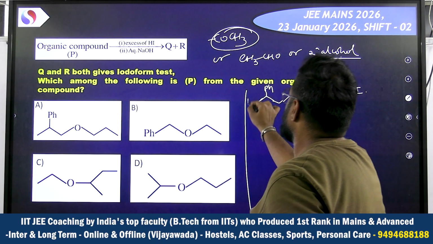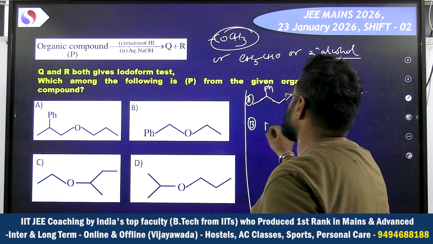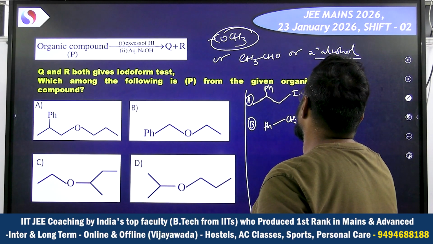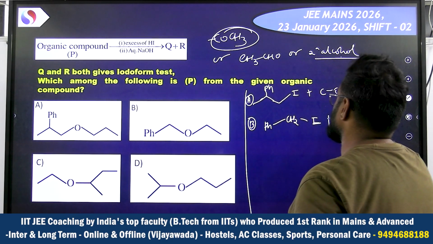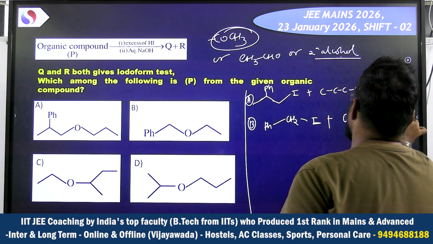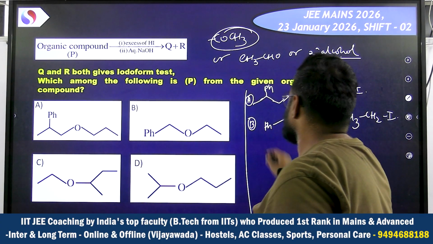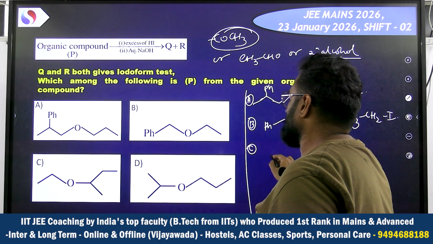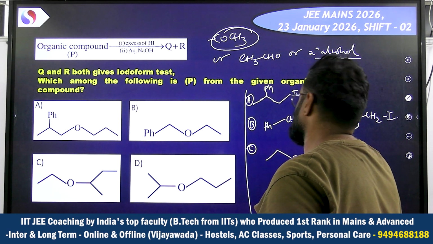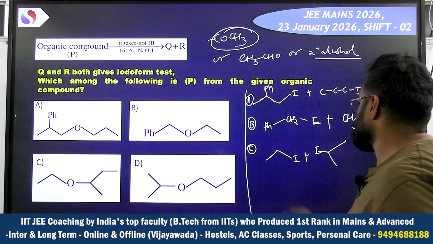Second, if you see the second option, it is pH CH2I plus CH3 CH2I. This is the second option. If you see the third option, it is I plus I. This is the third option.